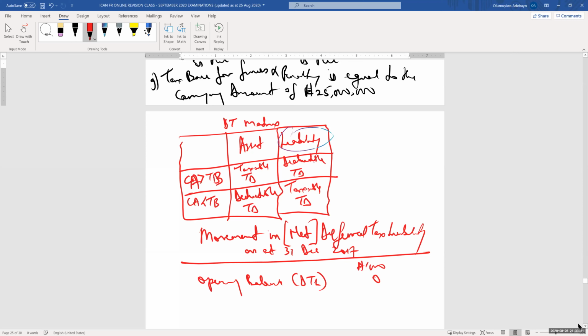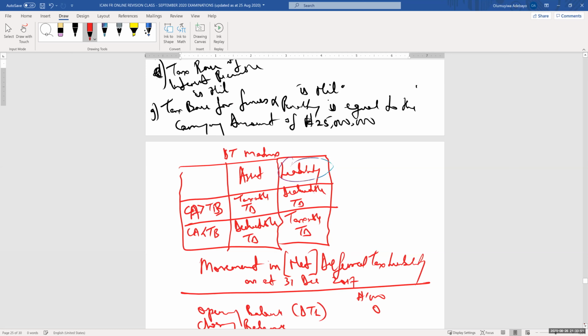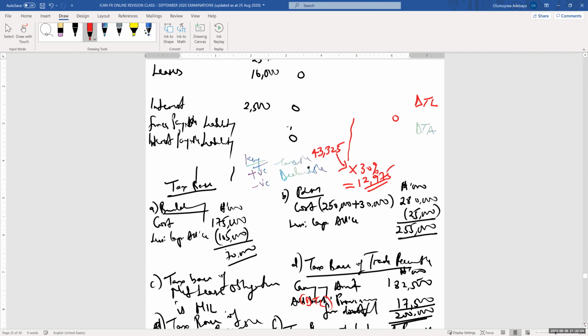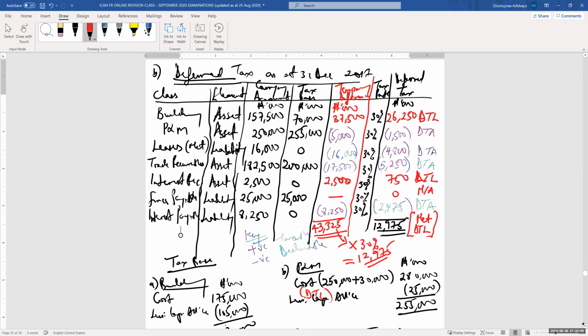Remember, this company just started business on January 1st, 2017. If you read the question, it says the building was acquired that year. Everything about it is the start of that year, presumably. And as at the end of the year, what is our closing balance? It was 12,975.